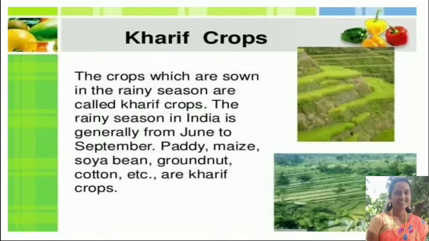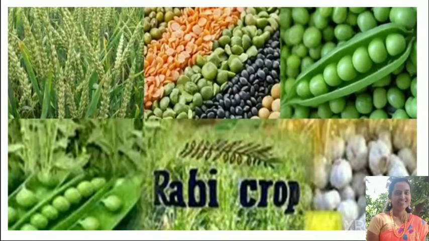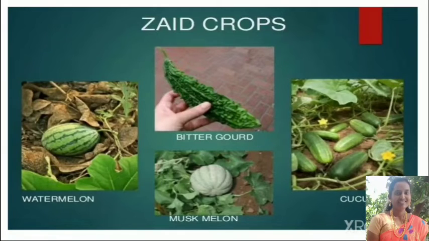Okay, so have you understood about kharif crops? Next is rabi crops. Rabi crops are grown in the winter season, that is from the month of October to March. Example, wheat, gram, mustard. The third category is zaid crops.